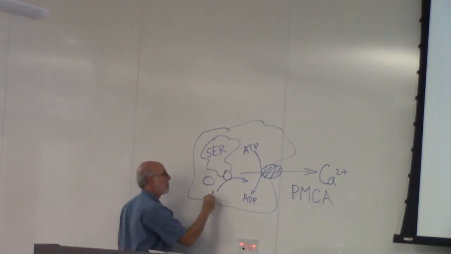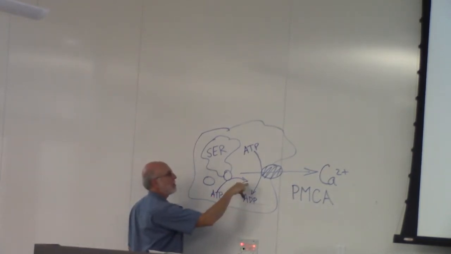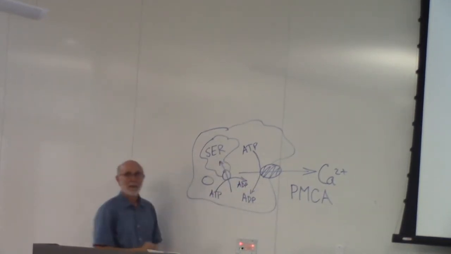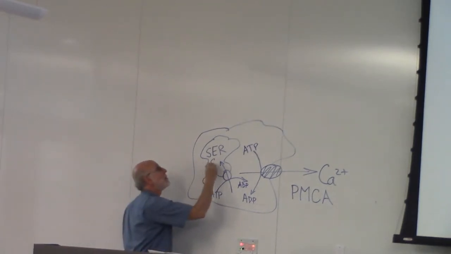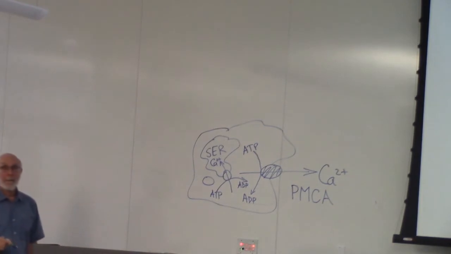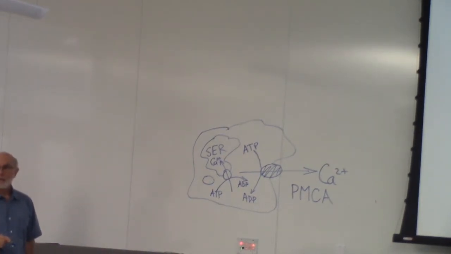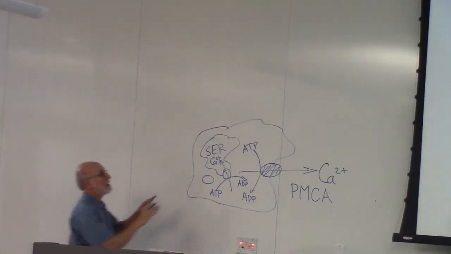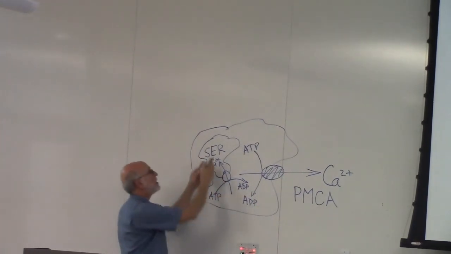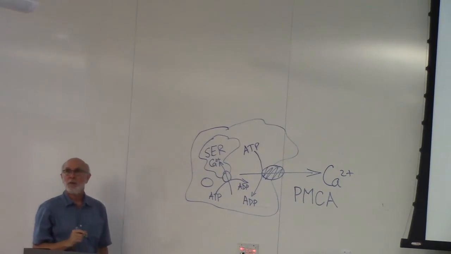ATP. What goes here? ADP. What goes here? Calcium. Calcium is pumped into the lumen of the smooth endoplasmic reticulum.